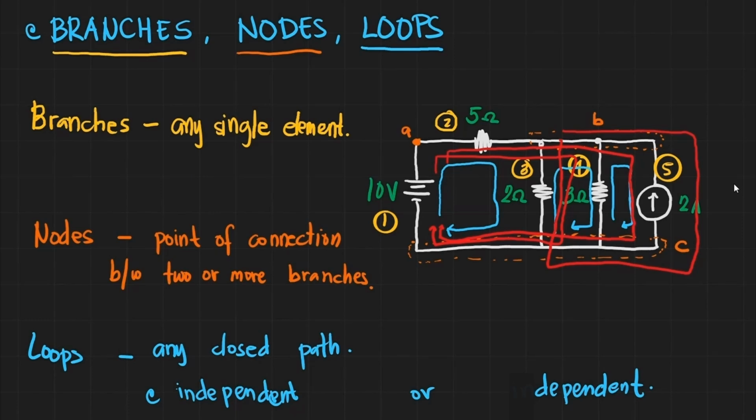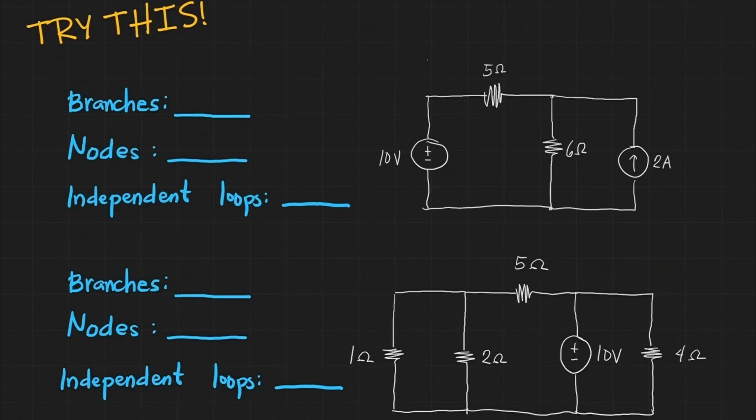In the case of independent loops, it simply means that those loops have a unique or independent branch or element in them, meaning it has an element that is not present in the other loops. Please take note of that because in KCL and KVL, we are more interested in the independent loops rather than the dependent loops.